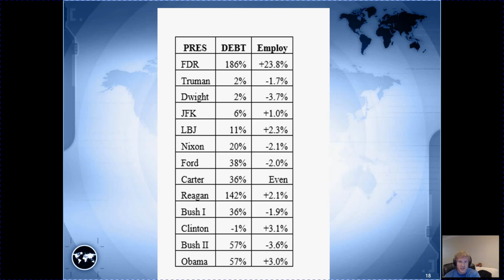But these statistics are irrefutable. They're just numbers. And I won't go through every single president, but it is interesting to me when you look at who actually balanced the budget. It's only been one person. Let me ask you, looking at this chart, who is it?